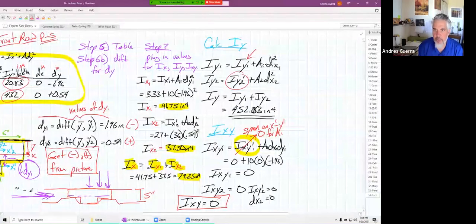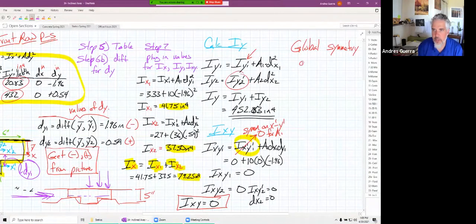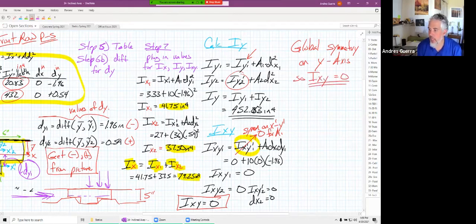So I would write it down right next to where I just wrote Ixy is equal to 0. We have global symmetry on the y-axis. So Ixy should be equal to 0.